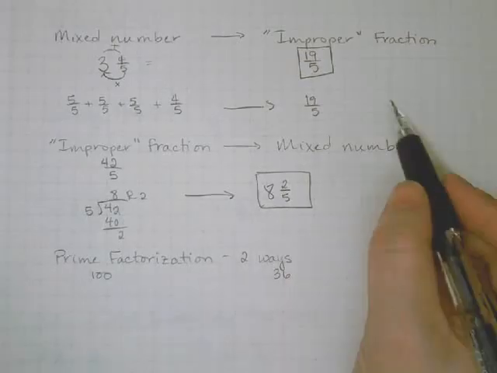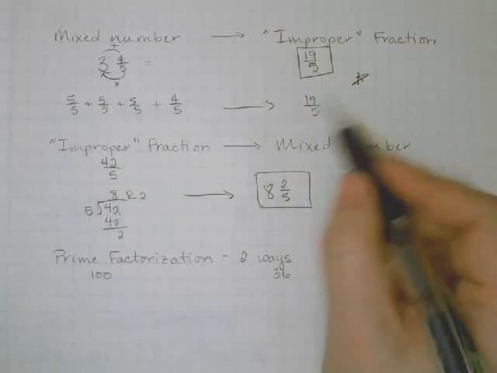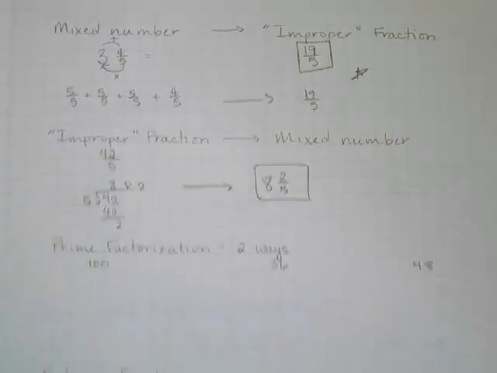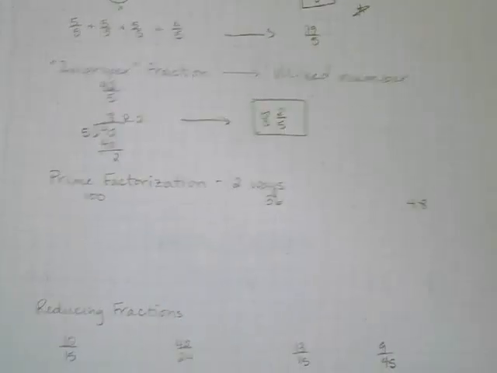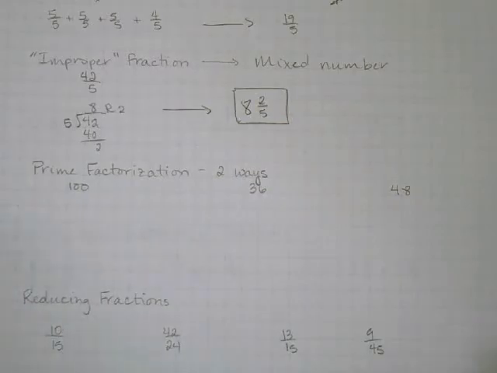Prime factorization, I'm going to show you 2 different ways to do it. And the reason you need to know how to do this is so you can reduce or add or subtract fractions. So I'm going to treat this as though you don't know anything off the top of your head, any of your multiples or anything like that.